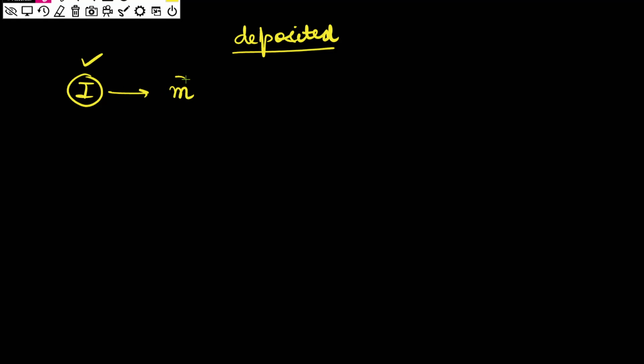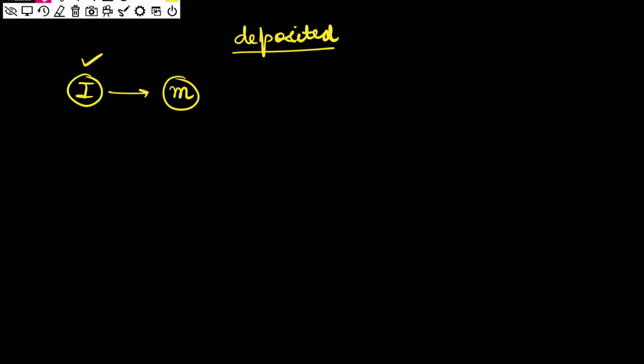For simplicity, we are just going to consider one scenario wherein a substance is deposited on its electrode, and on the basis of this we are going to talk about Faraday's laws. So how much quantity of electricity is required to deposit a certain amount of substance on the electrode? This is what was put forward by Faraday.